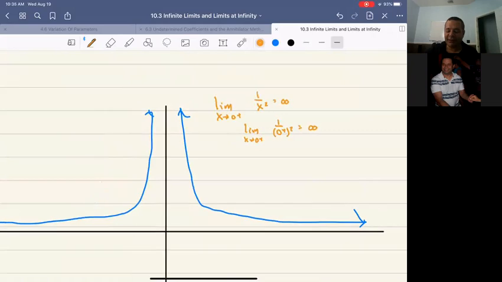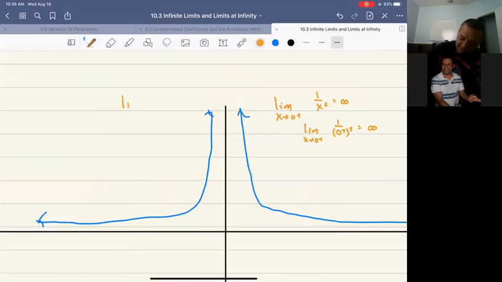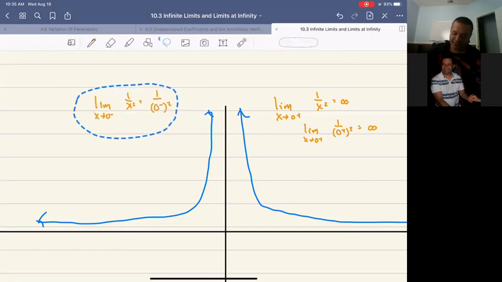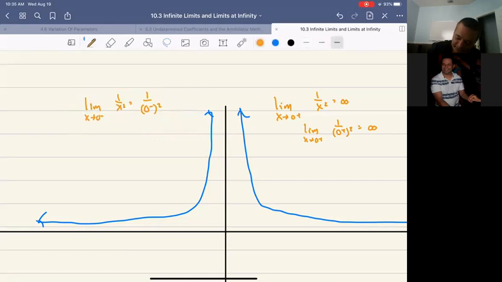But the nice thing is that it happens from the left too, because we can put in that 0 minus, but you're squaring it. So when you square a small negative number, it becomes a small positive number. So that becomes infinity again.